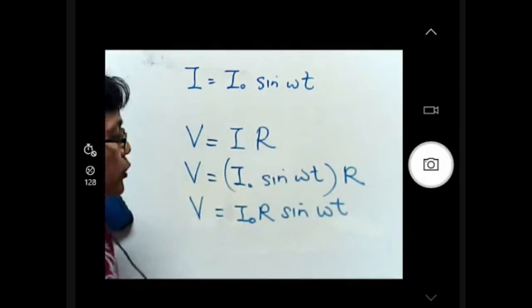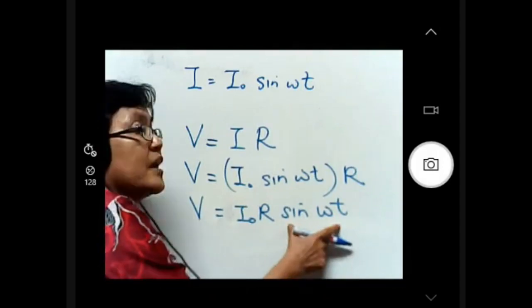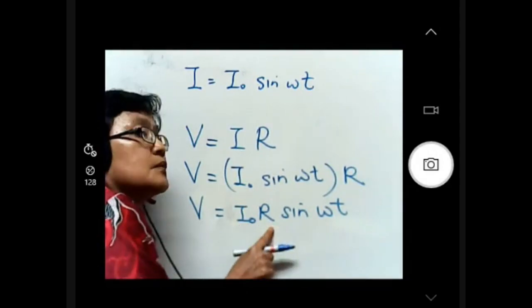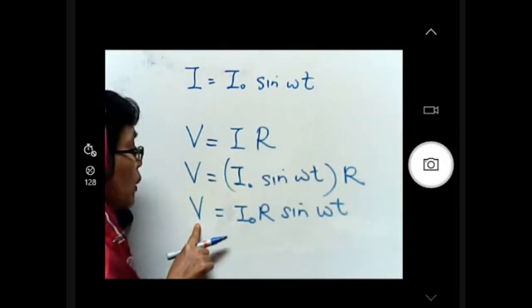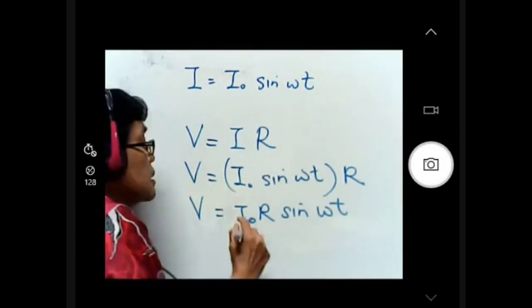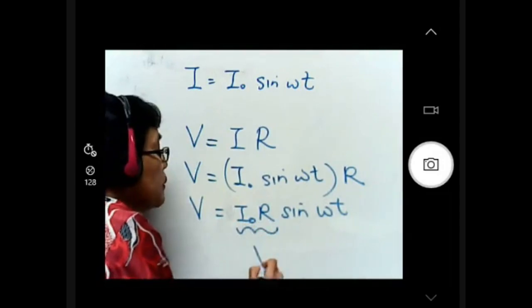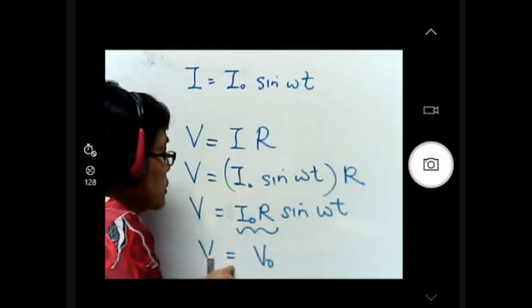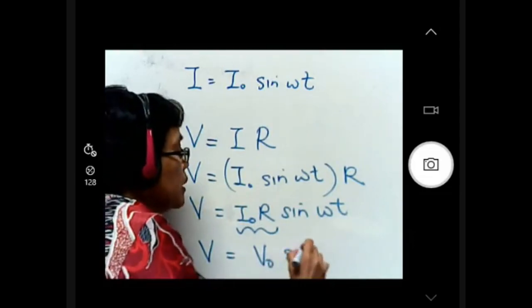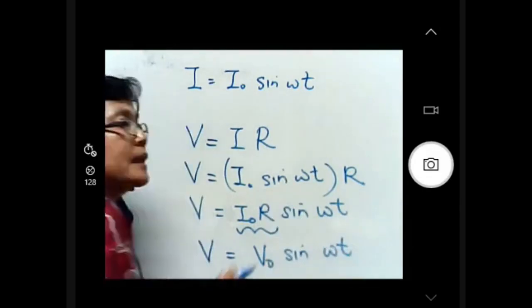So I know the value in front of a sine function will always be the maximum value of the quantity that we talk about. So our quantity here is voltage. That means this value has to be the maximum value of voltage. So V equals V naught sine omega t.